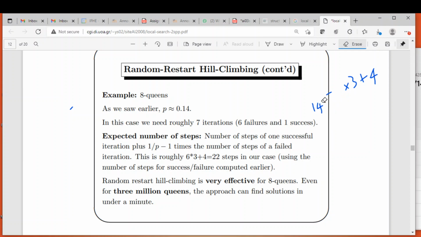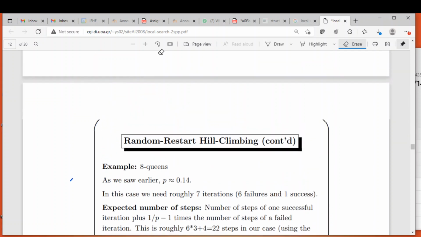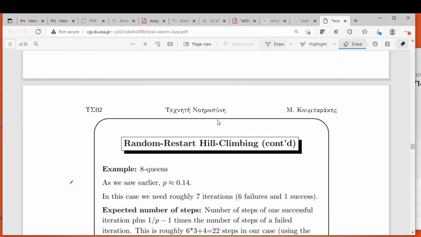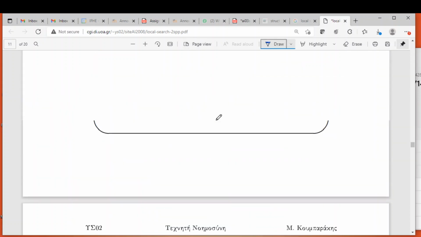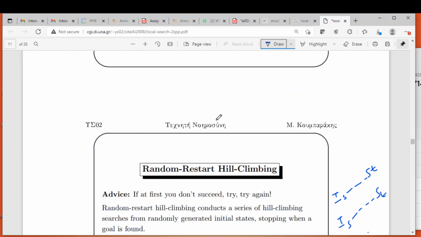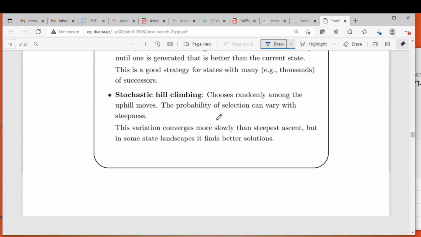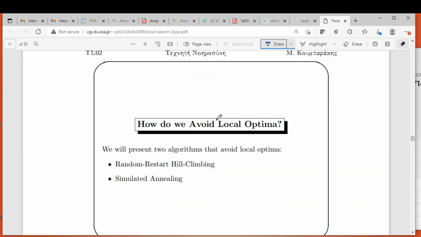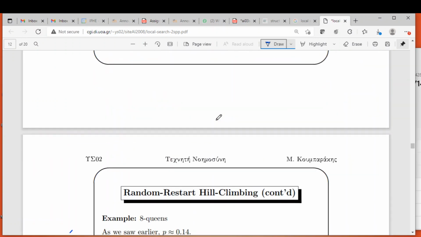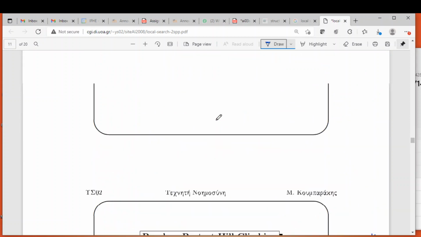So I think we have already discussed that in the normal hill climbing, when you allow sideways moves, the algorithm's performance will improve drastically.